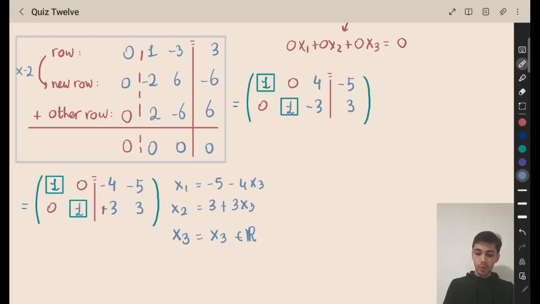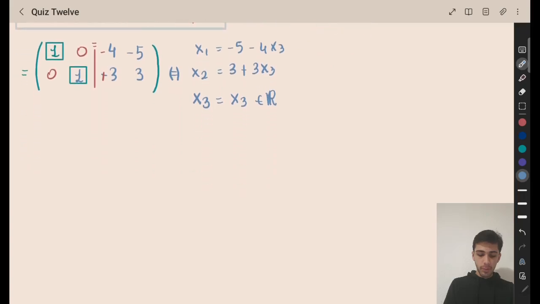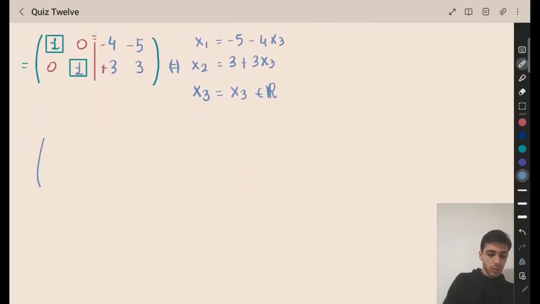And this system of equations, this very precise system of equations, I can work with and I can write a solution for. So I write x1, x2, x3 is equal to the following.